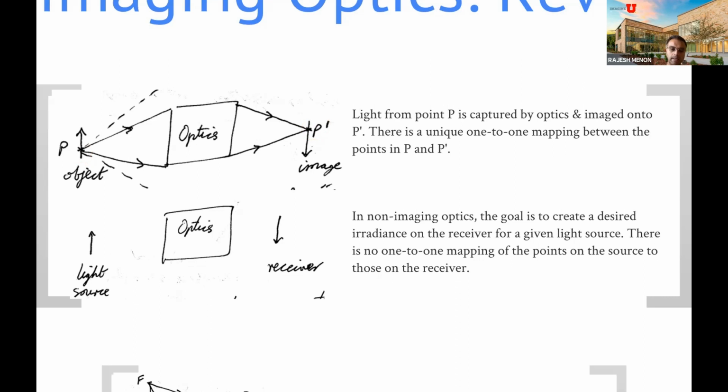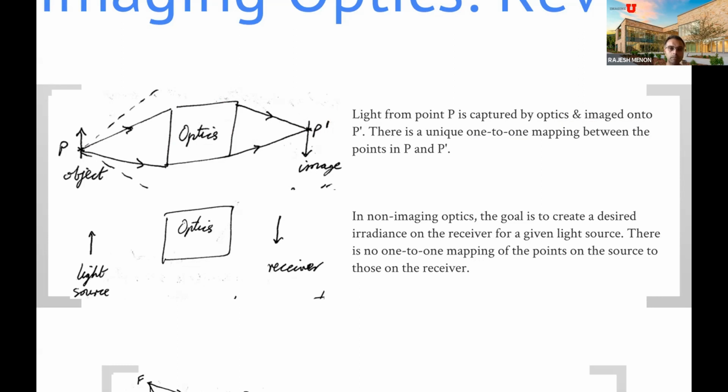In other words, light from point P is captured by the optics and imaged onto point P prime, and there's a unique one-to-one mapping between the points P and P prime. Now I didn't define what goes in here. This can be a lens, it can be mirrors, it can be combinations of things. It doesn't matter what it is. Think of that as a black box.